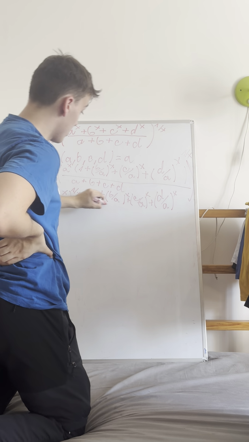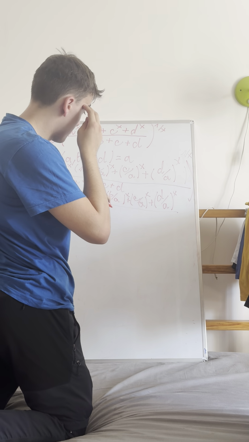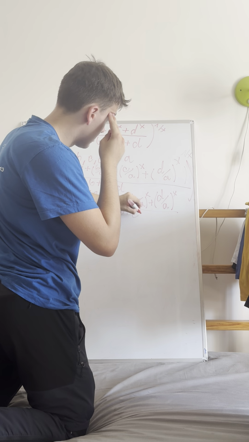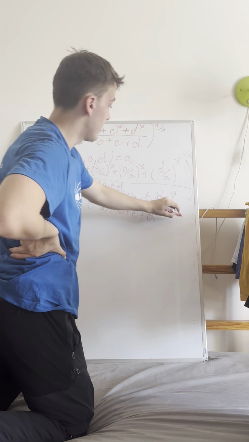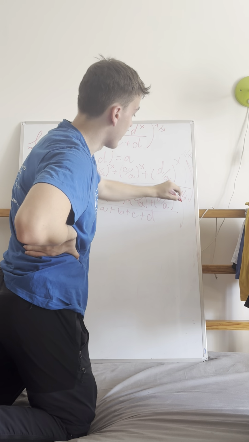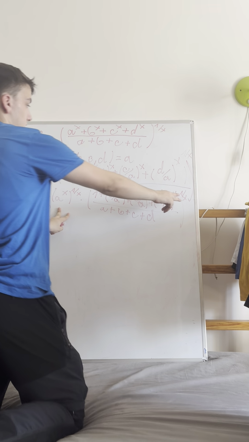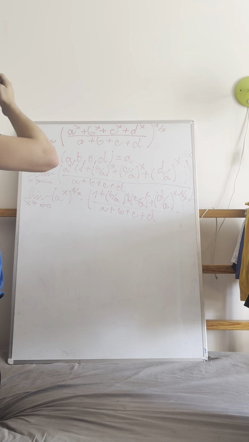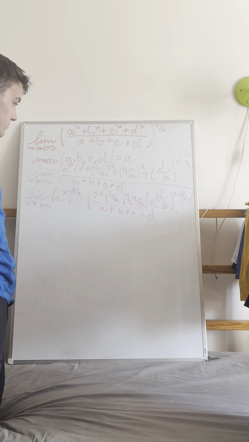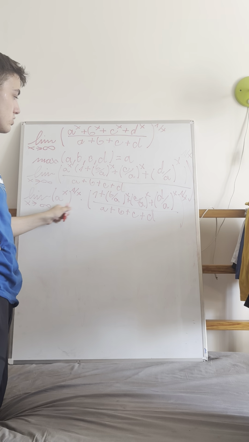And this all divided by a plus b plus c plus d. Yes, and this all to the power of 1 over x. We have done just that we moved this a to the x from the fraction. That's easy step. So now we can evaluate each one separately.